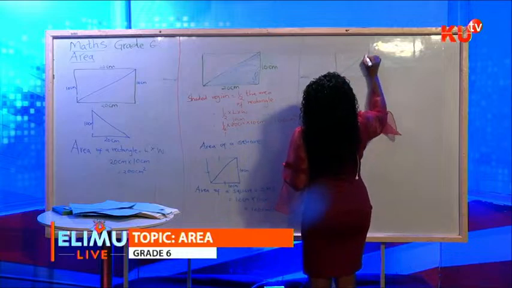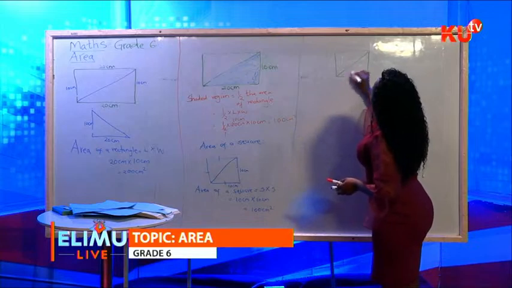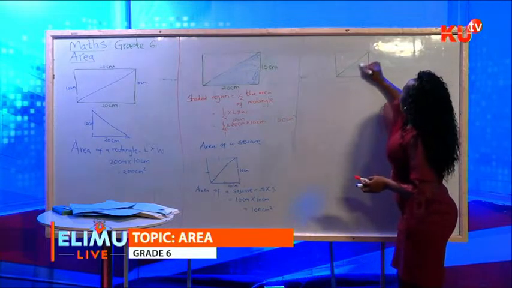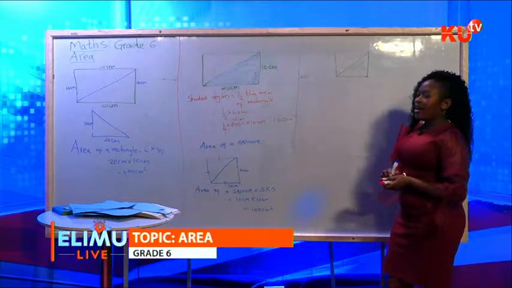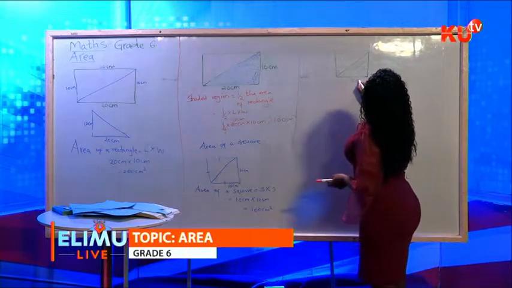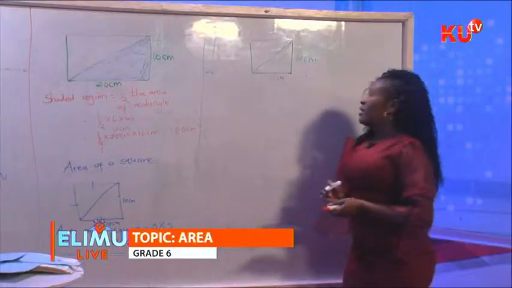We have cut it diagonally, and then we have got one part which is shaded, and we are told to find the shaded region in that square. So here it is 10 centimeter, and also here it is 10 centimeter.